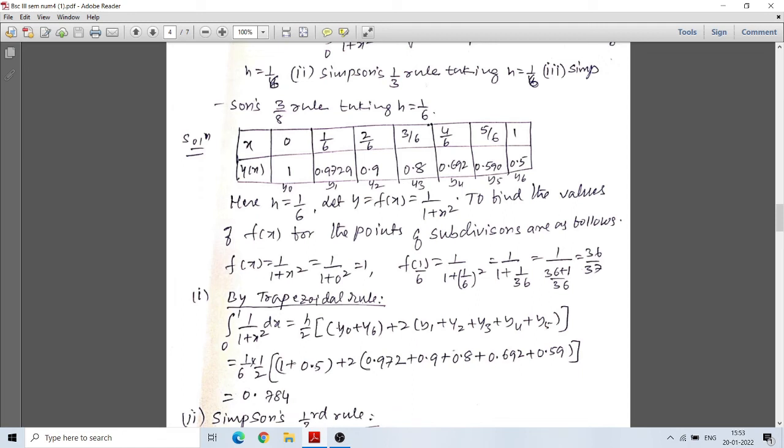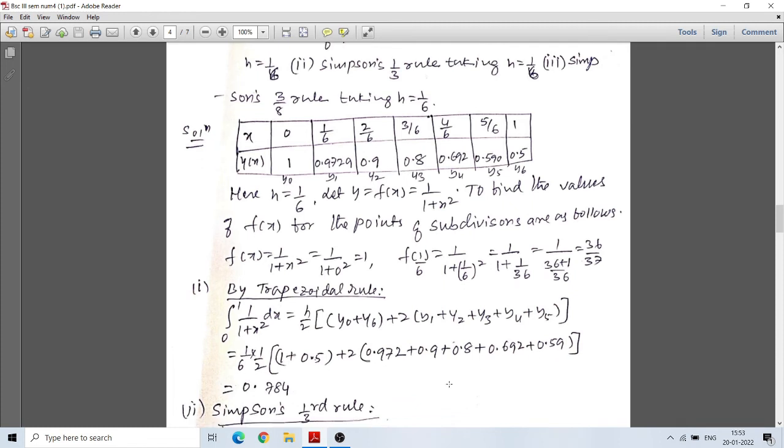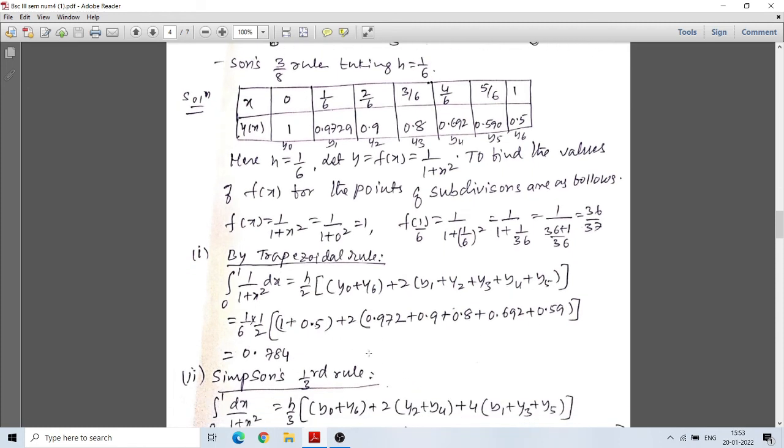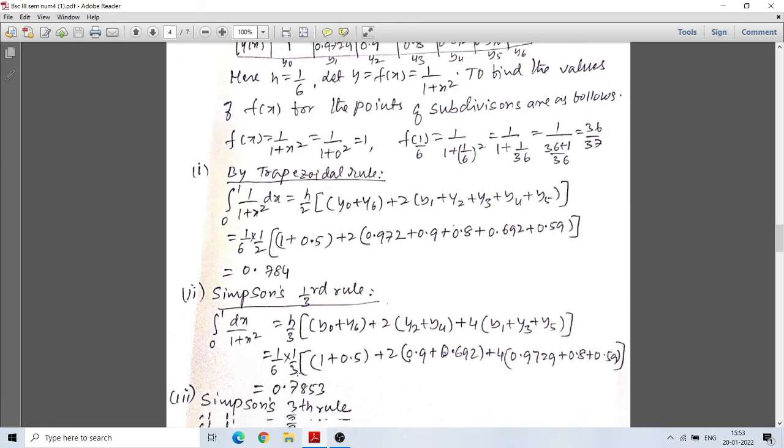Substitute here. y0 is 1, y6 is 0.5, 2 times of y1 is 0.9729, y2 is 0.9, y3 is 0.8. y4 I am taking from the table, y4 is 0.692, y5 is 0.59. So simplify this one. It is simple mathematics, add all of them, multiply by 1 by 12, and get 0.784.